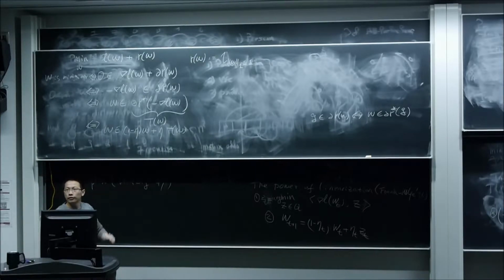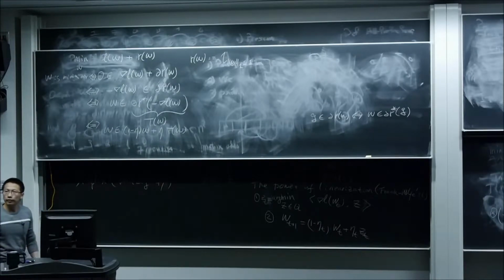Coming back to your earlier assertion, you said that unless it's a contraction, the fixed point iteration would not converge, right? If it's a contraction, then if you apply the fixed point iteration, it will always converge at a linear rate. But if it's a non-expansion, it might converge, it might not converge.